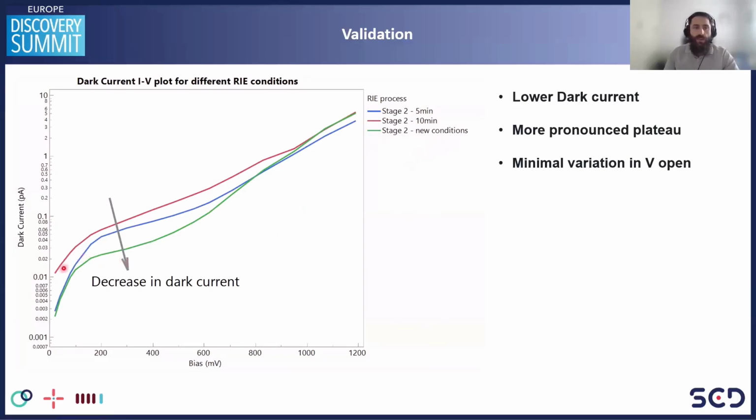And we can see here how reducing the etch time for the second stage reduces the dark current, but with the new conditions, with the more physical etch, we can see how the dark current drops even more.